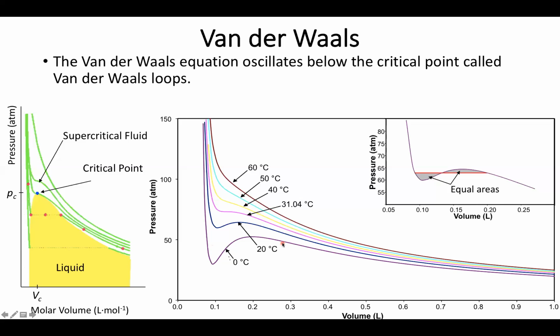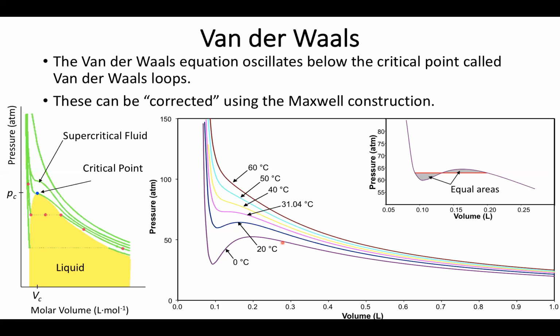And so it turns out that we can go ahead and correct for these van der Waals loops using something called the Maxwell construction. Now, this one's a fairly simple idea, which is the fact that you can draw a straight line through the van der Waals loops. So you find an equal area that's below the line and an equal area above the line. And this straight line should actually represent the coexistence region.